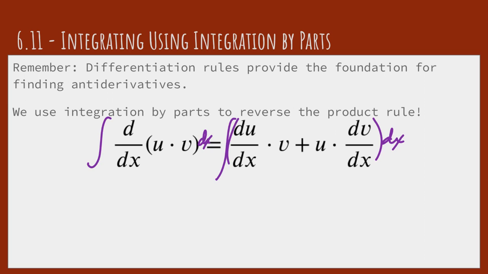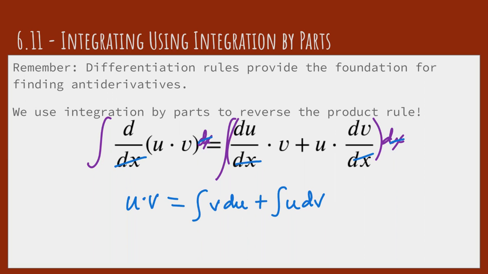then what happens here with a little algebraic manipulation on the right side, we're going to have dx's cancel. Antiderivative here is just going to be u times v. Over here, dx's cancel, and we have the antiderivative of v with respect to u plus the antiderivative of u with respect to v.